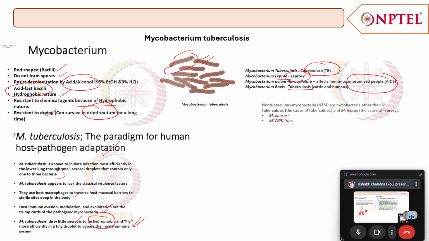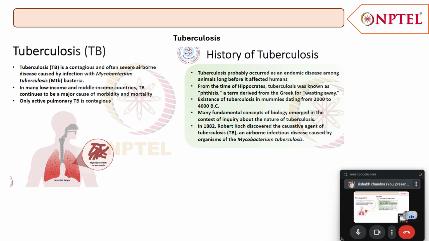The disease that is caused by Mycobacterium tuberculosis is tuberculosis. Tuberculosis is a contagious and often severe airborne disease caused by infection with Mycobacterium tuberculosis bacteria. In many low-income and middle-income countries, TB continues to be a major cause of morbidity and mortality.